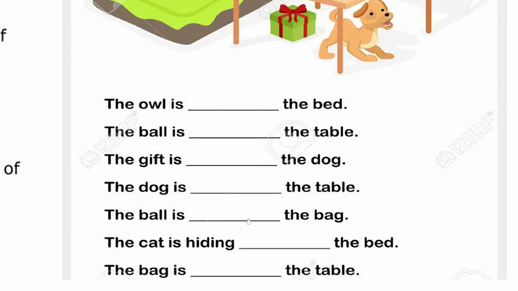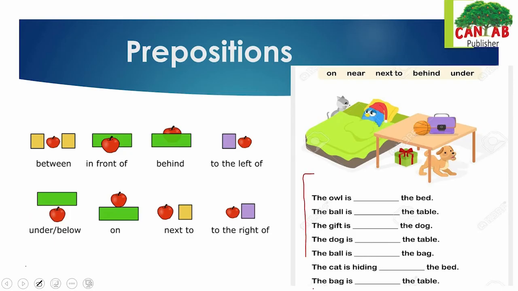The ball is dash the bag. The cat is hiding dash the bed. The bag is dash the table. The answers to these blanks are in this box.